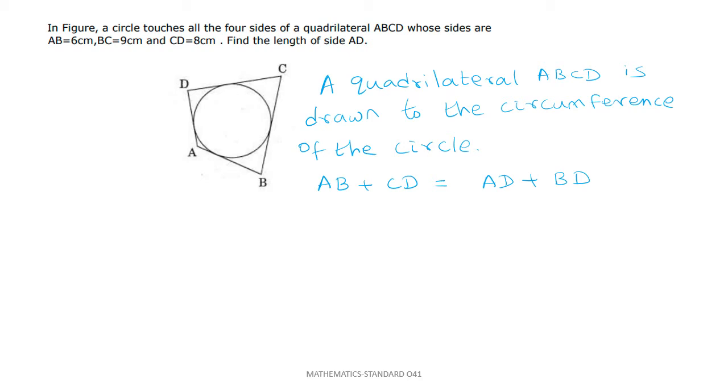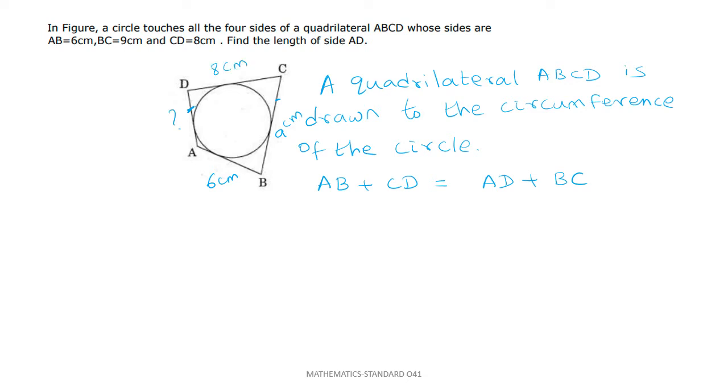So this and this I can add, AB plus CD. Okay. So now let's see what is given. AB is 6 centimeter and BC is 9 centimeter and CD is 8 centimeter.